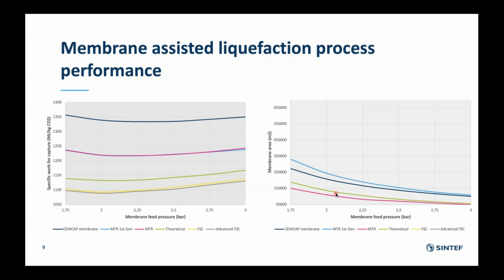And the FSC membrane, which has a significantly higher selectivity and a very low permeance, requires the highest amount of area. And the advanced FSC would require a lower area than that, nearly the same as that of the MTR first generation case.